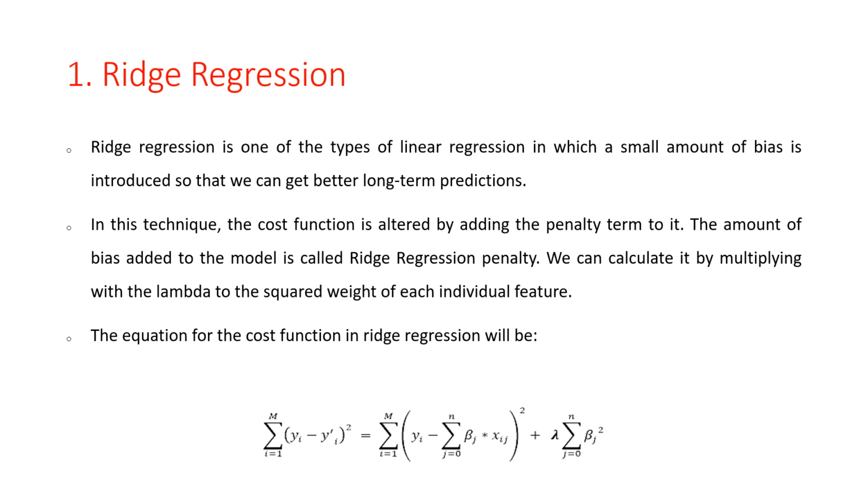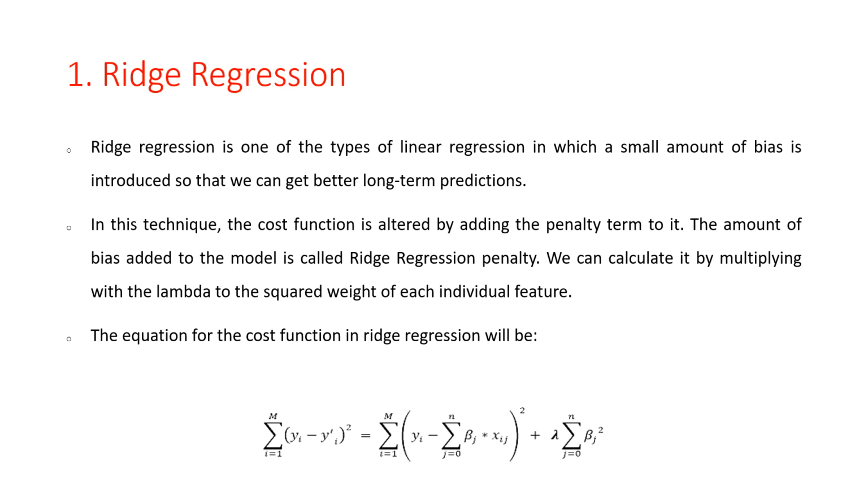In this equation the penalty term regularizes the coefficients of the model, and hence ridge regression reduces the amplitude of the coefficients, which decreases the complexity of the model. As we can see from this equation, when the value of lambda tends to 0, the equation becomes the cost function of the linear regression model. So for the minimum value of lambda, the model will resemble the linear regression model.